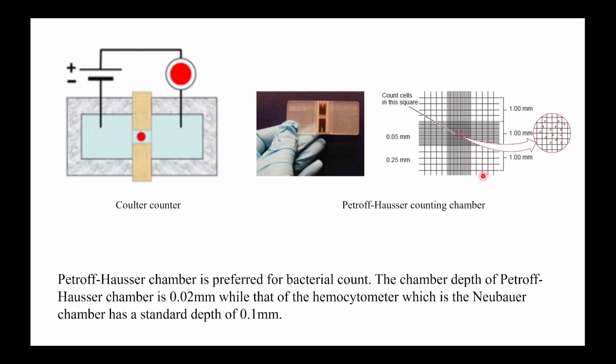Okay, so there are two types of grids here. You can see one which are larger squares and one which are much finer squares.